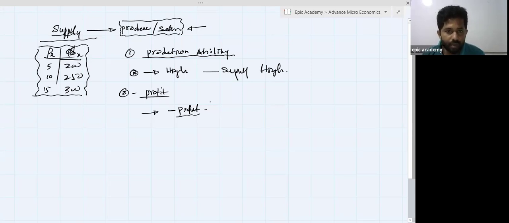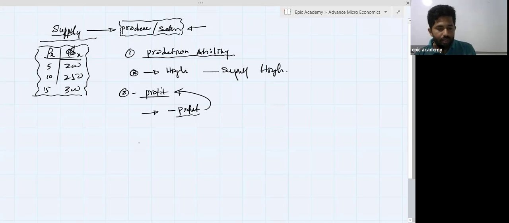According to that, the amount of supply can be determined by whether this producer is gaining profit or negative profit. If there is no profit, sometimes some organizations try to shut down the whole production process. So profitability is one of the major factors which determine the amount of supply.